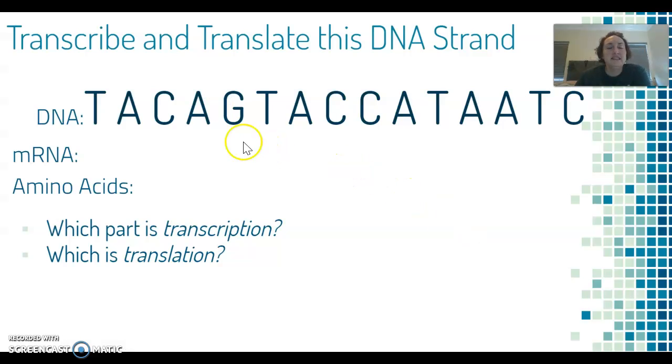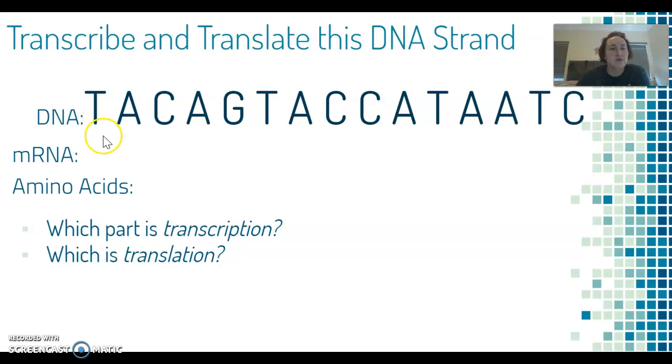So if you can take a second to fill in this, or write this down on a piece of paper, fill in the mRNA bases that are here.